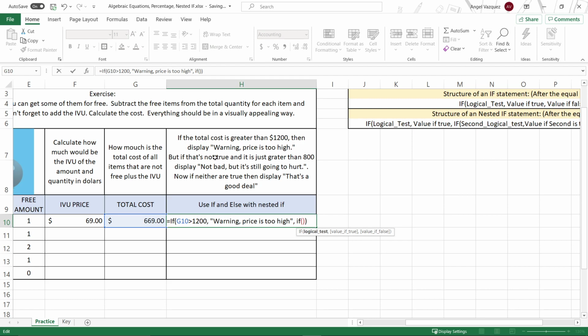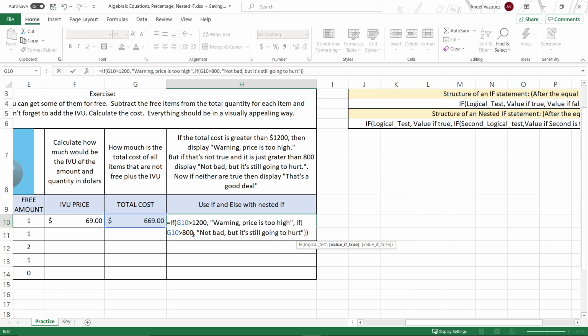So if it's greater than 800, we have to display not bad, but it's still going to hurt. So let's go over here and put if total cost, the same one, is greater than 800, then right here, if it's true, we will display not bad, but it's still going to hurt.